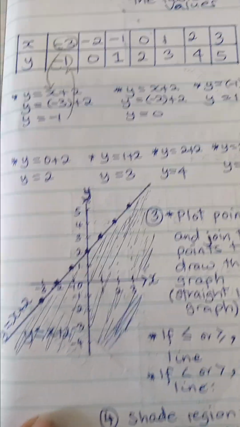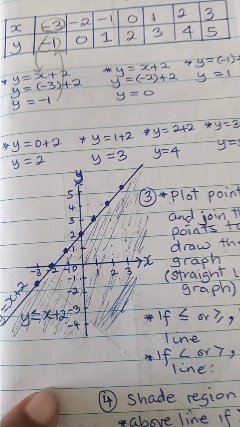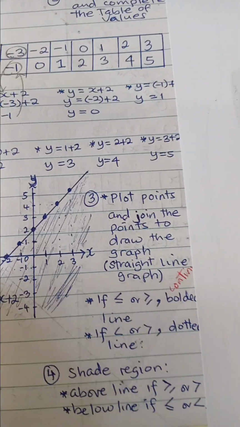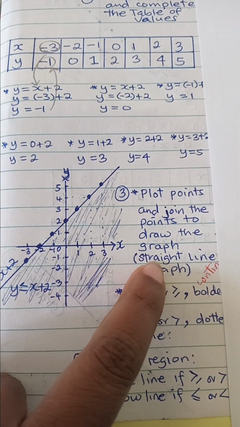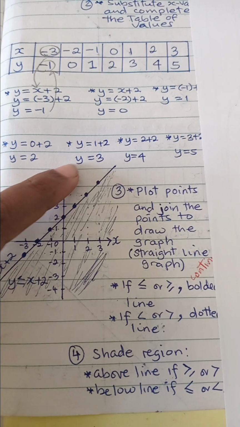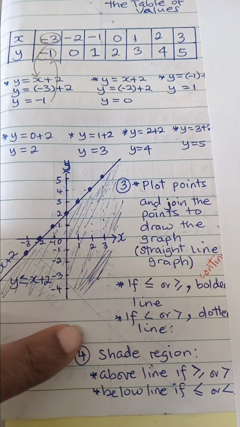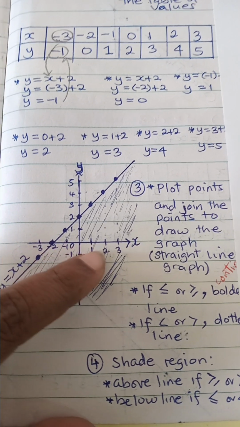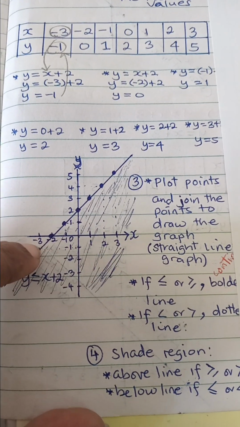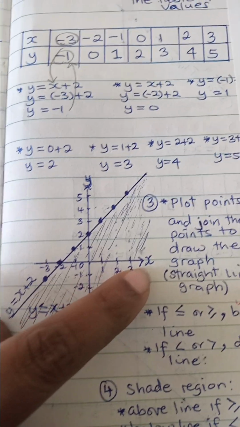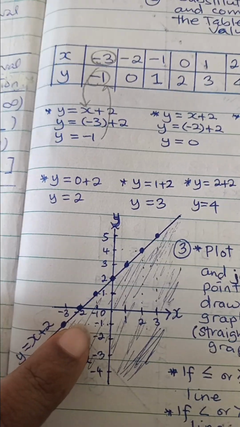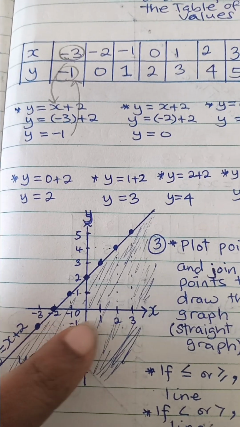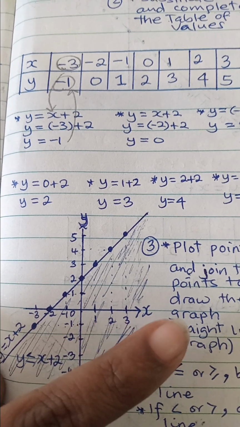First of all, you have to draw your Cartesian plane with an x-axis, which is a horizontal line, and a y-axis, which is a vertical line. On the lines you mark your scales, and the scales must be multiples of a number. For example, if you choose multiples of 1, you go 1, 2, 3, 4, 5, and so forth.